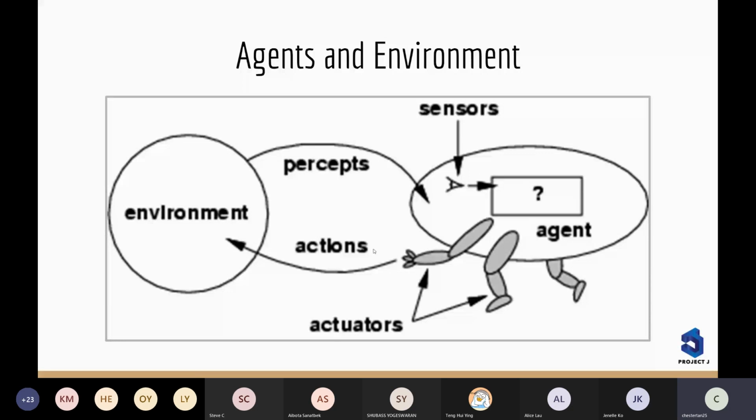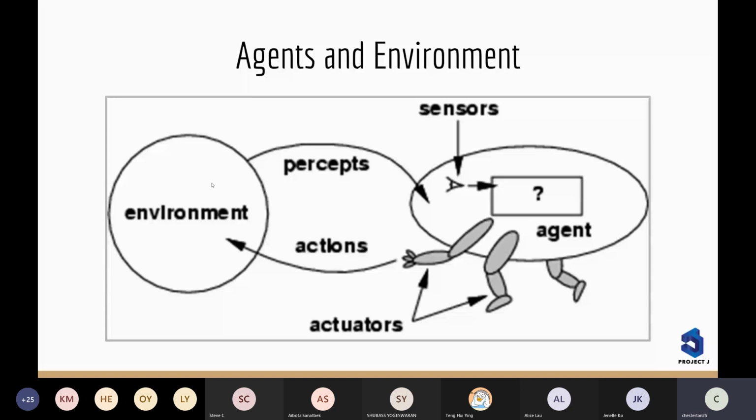So how does an intelligent agent work? The process cycle is like this. Firstly, the intelligent agent gets the percepts from the environment by using its sensors. After that, it uses some sort of function to translate all the percepts into an action, and then performs the action in the environment, and repeats the cycle again and again.